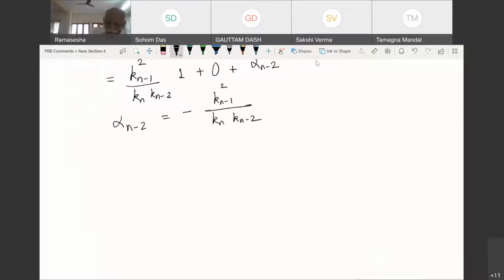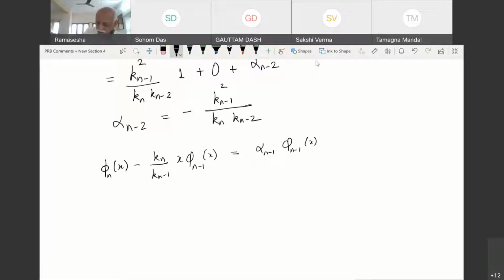I can write phi_n(x) minus 1(x) equal to some alpha_{n-1} P_{n-1}(x), plus alpha_{n-2}. The alpha_{n-2} will be minus k_{n-1} squared upon k_n k_{n-2} times P_{n-2}(x).